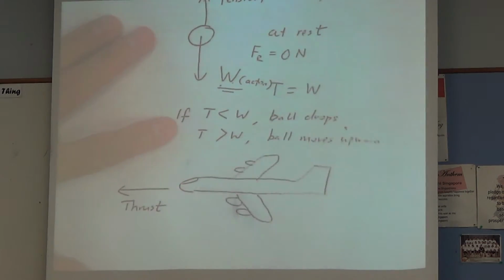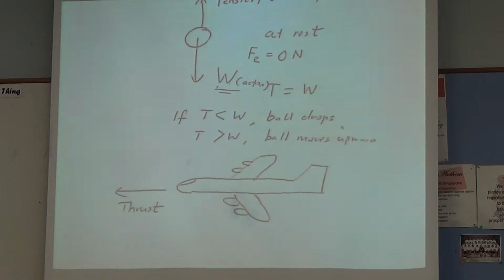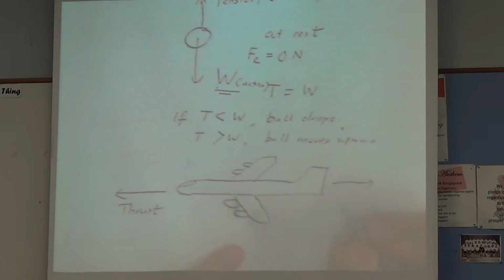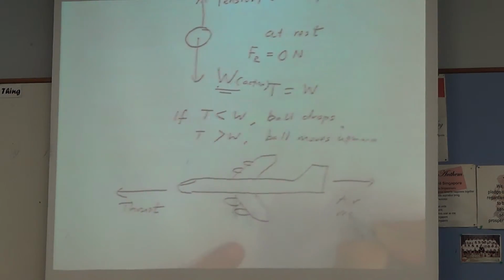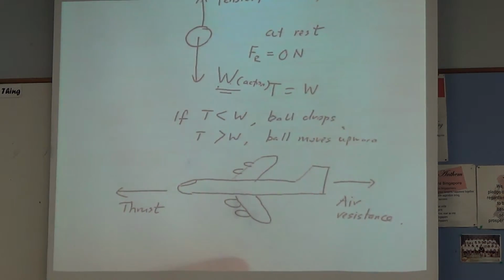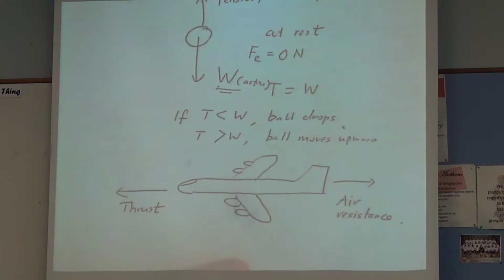Okay? Now, can you imagine you are the aeroplane flying in the atmosphere? What is opposing you? Air. Air resistance, right? Okay. Now, tell me, what else is missing in the picture? Gravity.